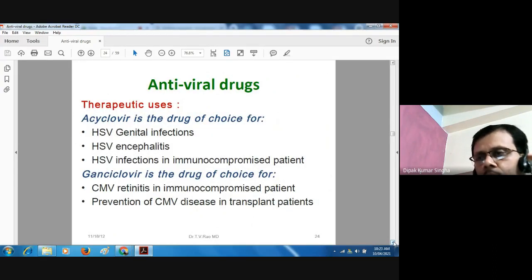Next, the therapeutic use. These are the most useful drugs in viral infection.